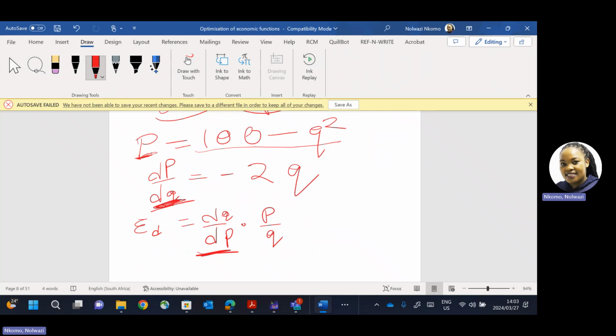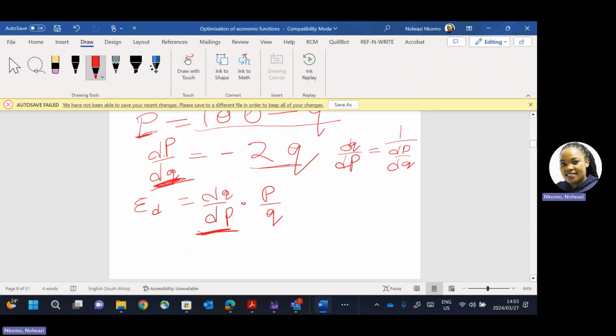But we said dQ over dP is equal to 1 over dP over dQ, right? So this means dQ over dP would be 1 over minus 2Q, right?